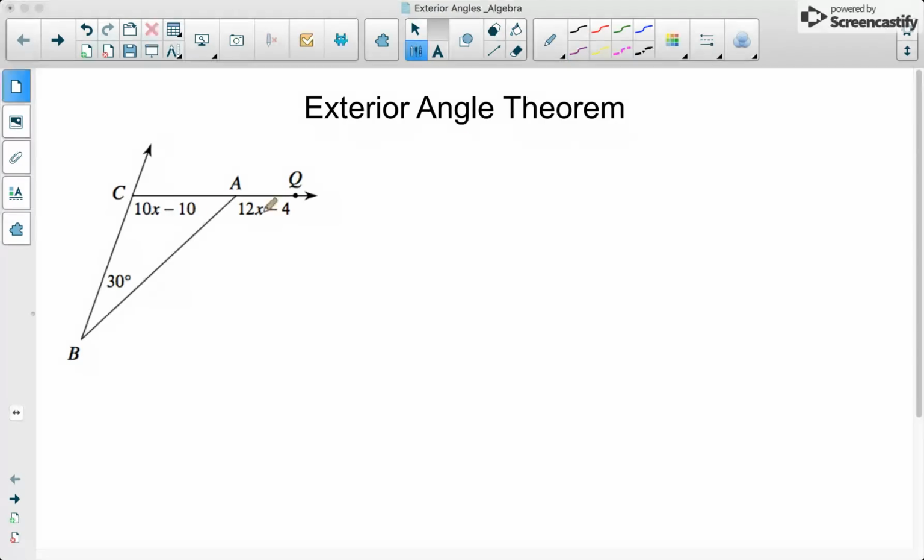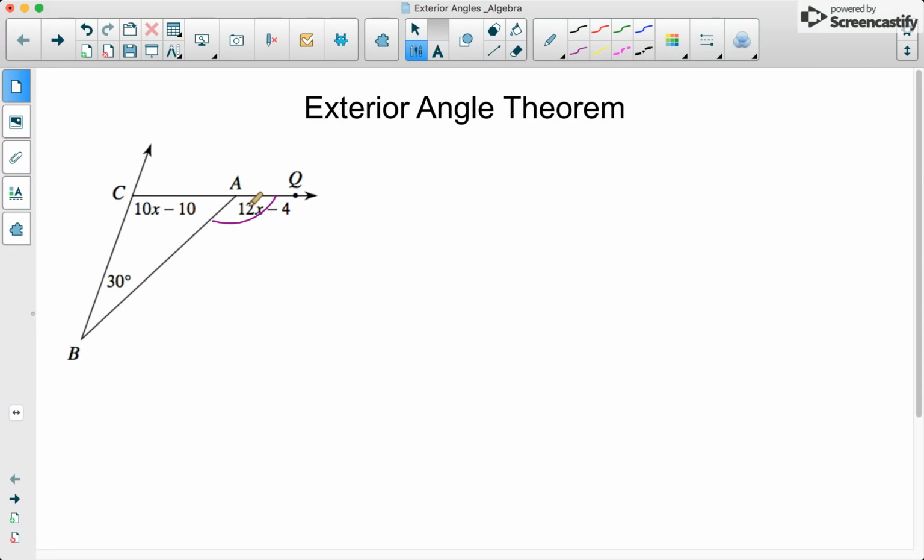I have this triangle over here and they are asking me to find the value of x. I know that this is an exterior angle over here. This exterior angle is equal to 2x minus 4.